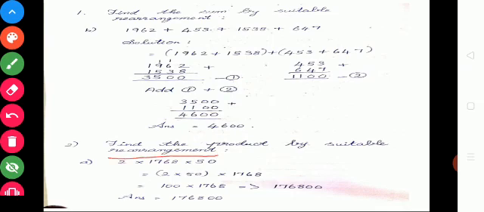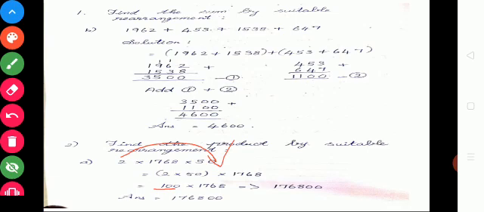And the next sum, find the product by suitable rearrangement. Find the product. So what is the sum given? 2 into 1768 into 50. How can we arrange? These two we can take first. It is easy to multiply. Yes children, 2 into 50, what is the answer? 100.